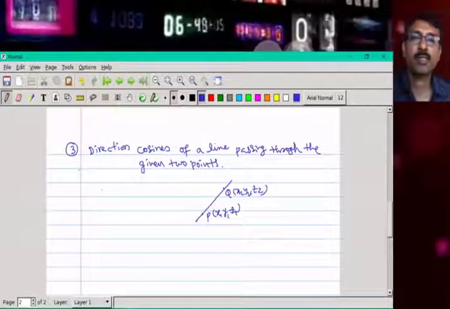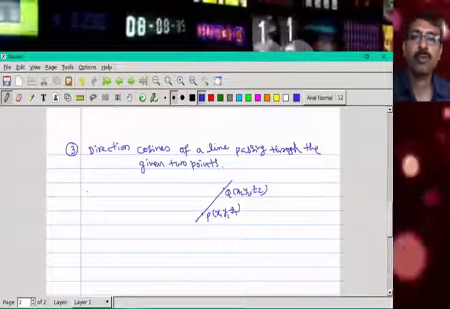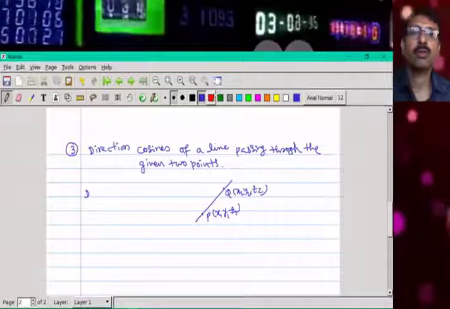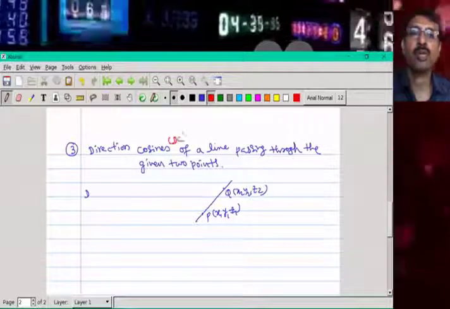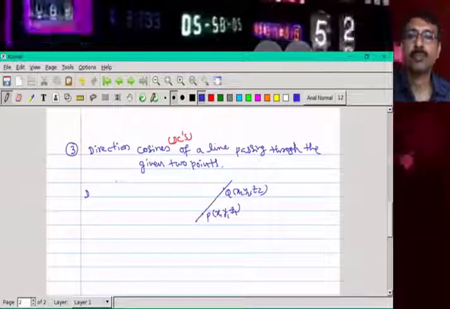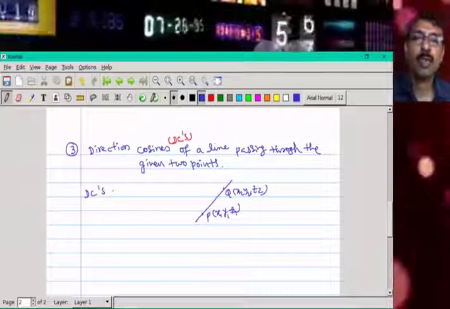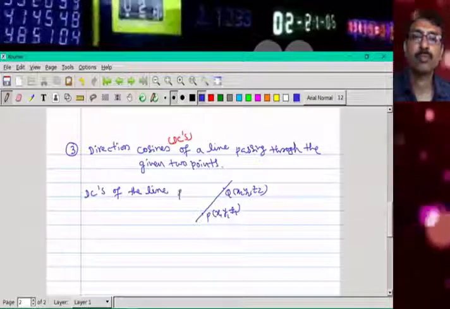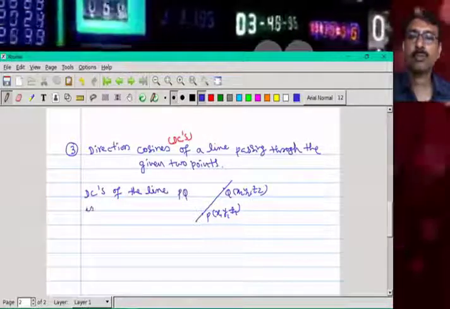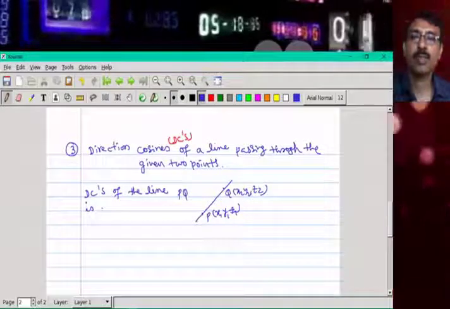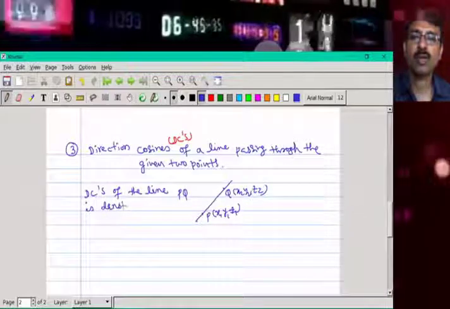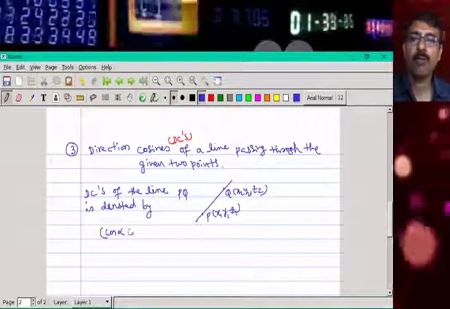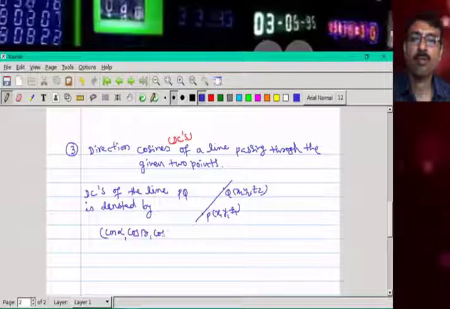The direction cosines of the line PQ is an ordered triad, denoted by cos alpha, cos beta, cos gamma.